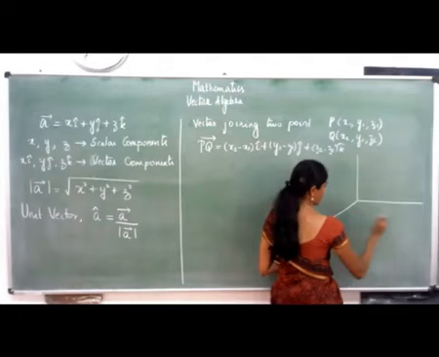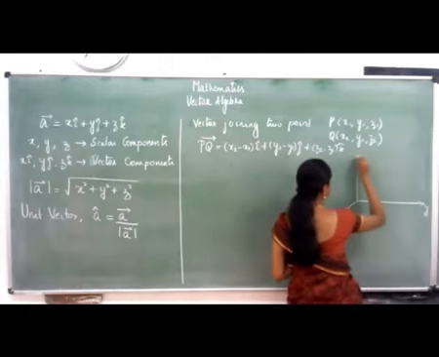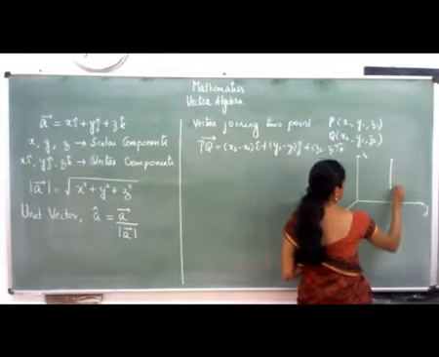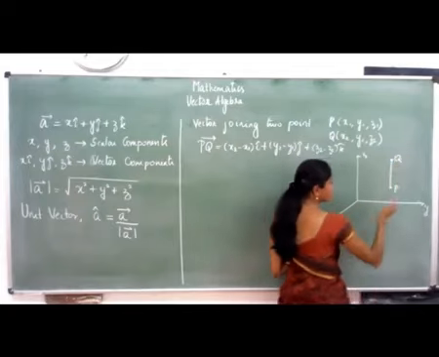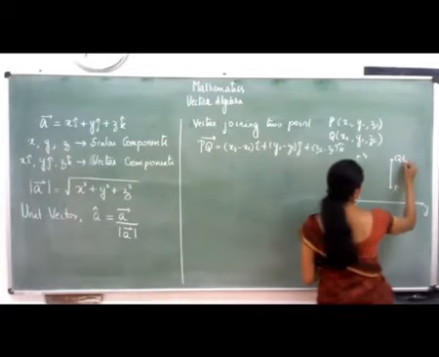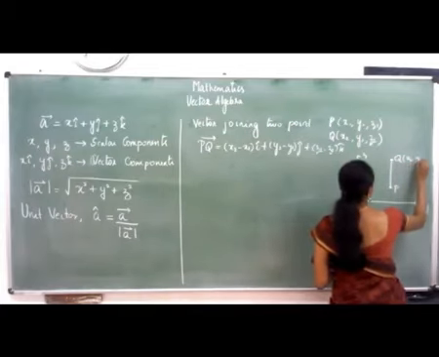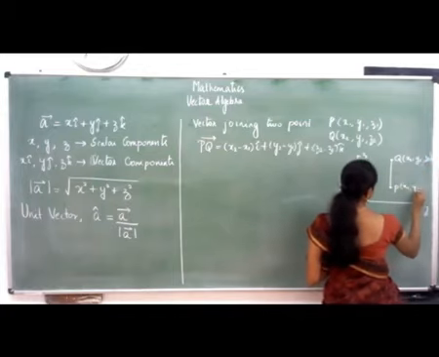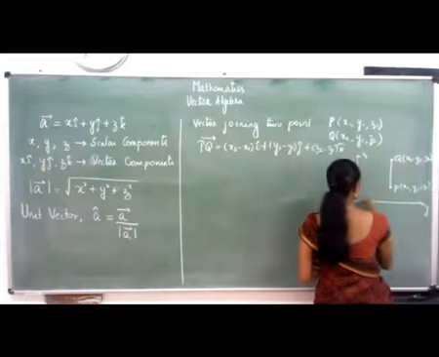So, this was your x-axis, y-axis and z-axis. You have point P and Q. We need to find this vector PQ. Here the coordinates of Q are x2, y2 and z2, and the coordinates of P are x1, y1 and z1.